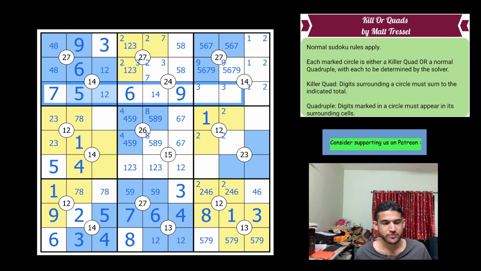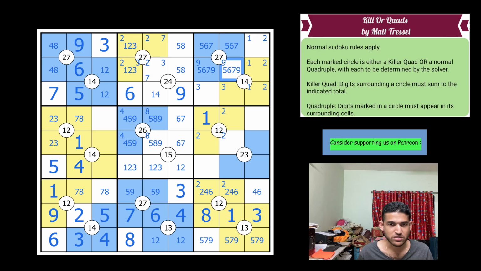So in row 3, where does the 8 go? 8 has to be in these two cells. Now, can this be a killer quad? If it's a killer quad, 8 plus minimum 5 is already 13, and you have 2 more cells. So which means it can never be a killer quad, and it has to be a quadruple. Because 8 is already forced here, and 8 plus 5 is 13, which will rule out killer quad. So 1 and 4 are going inside here.